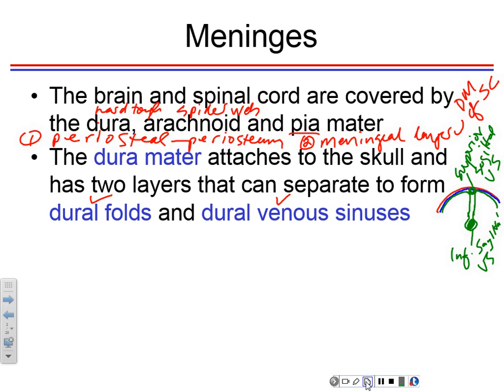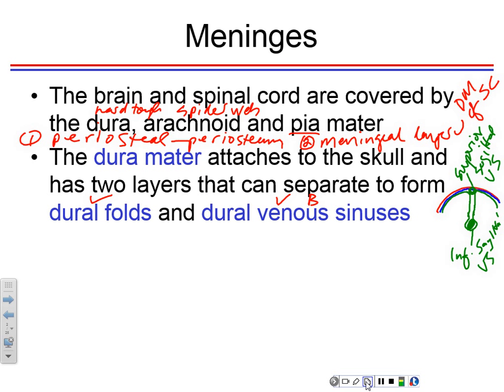Those two. So you should be able to tell me how the dural folds are formed and what is flowing inside the dural venous sinuses. The sinuses, there is blood in it.